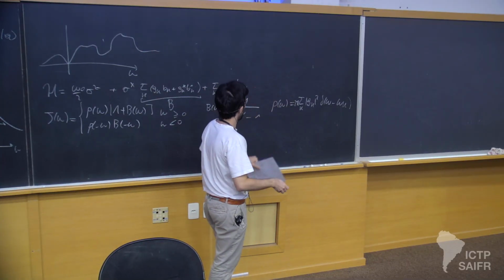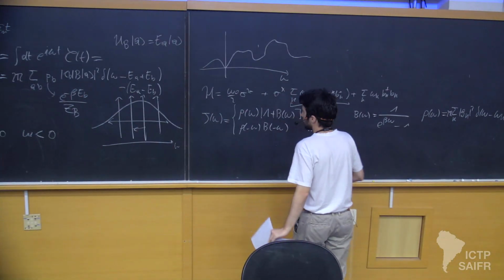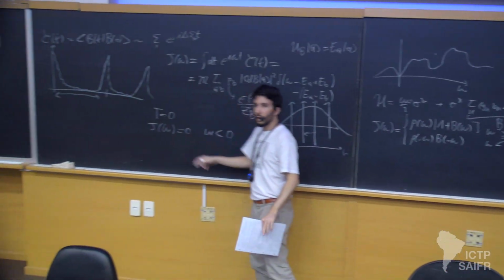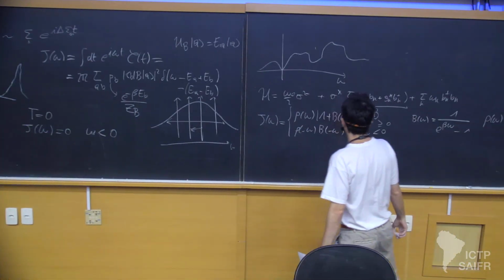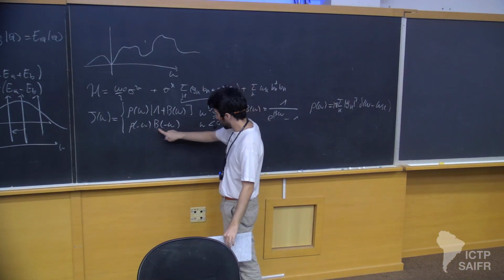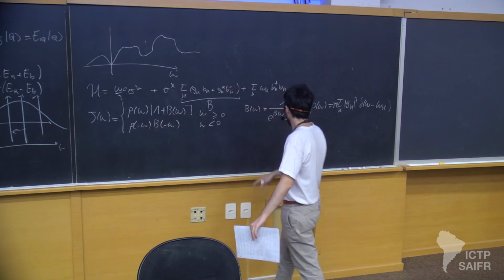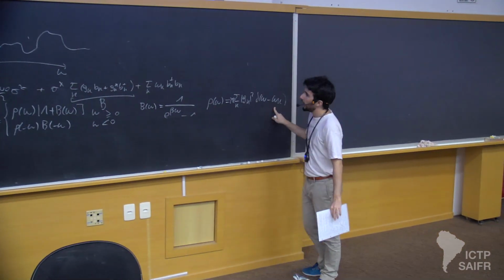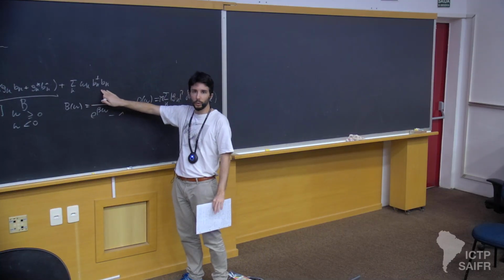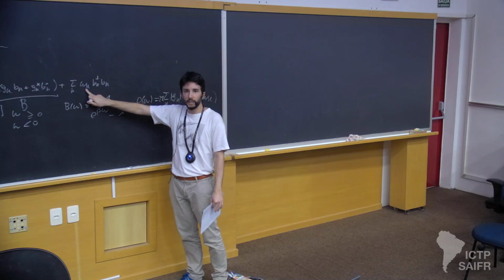And this condition that at zero temperature you have zero weight at negative frequencies is given by the properties of the Bose distribution, and also by the fact that for this system of bosons to have a well-defined ground state, all these frequencies must be positive.